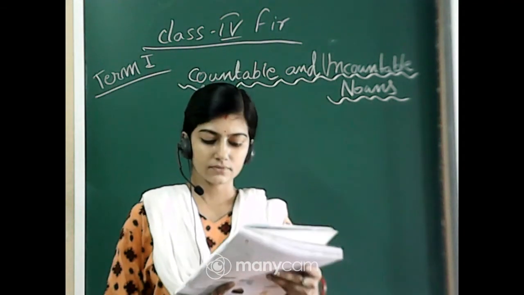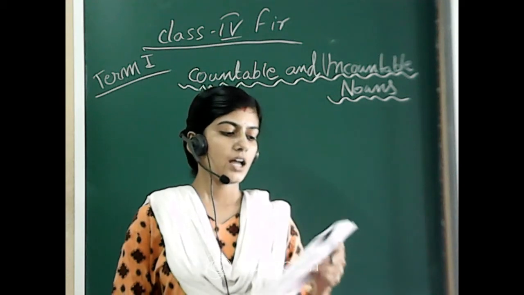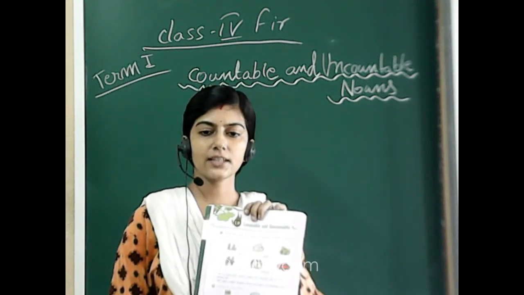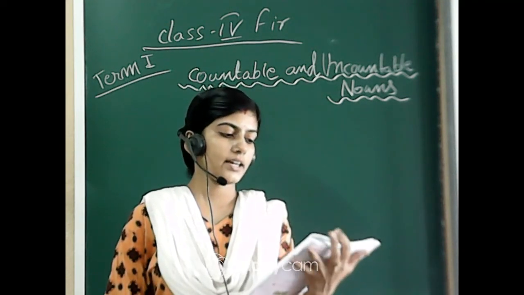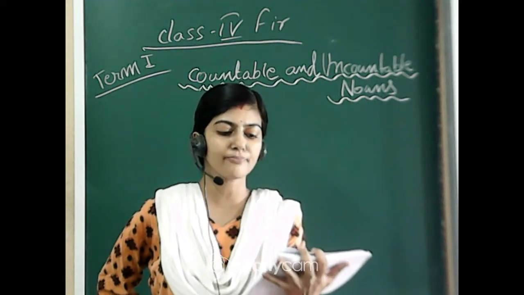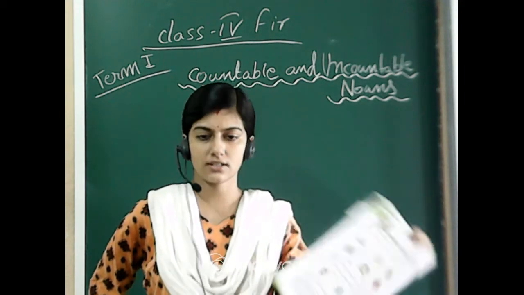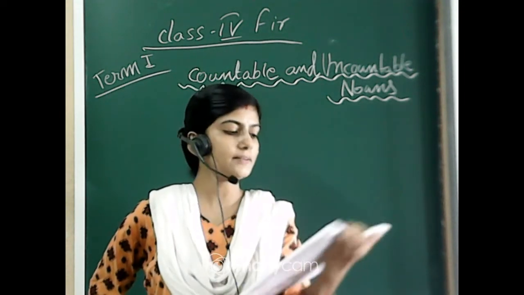So look at your book, page number 22, exercise A. Count and write the number of persons, animals or things in these pictures. So take out your pencil.